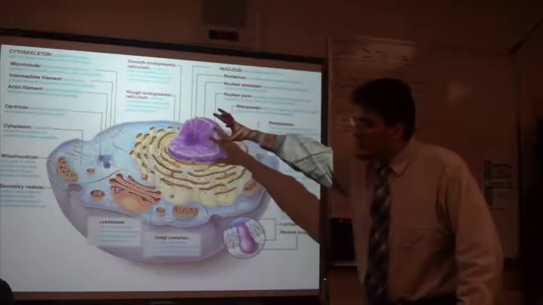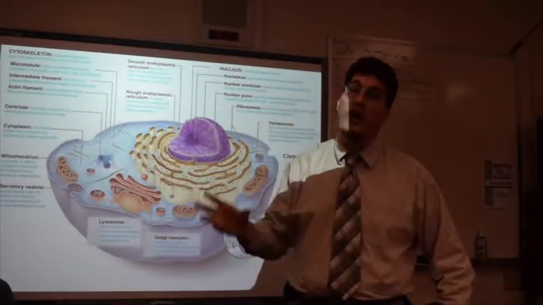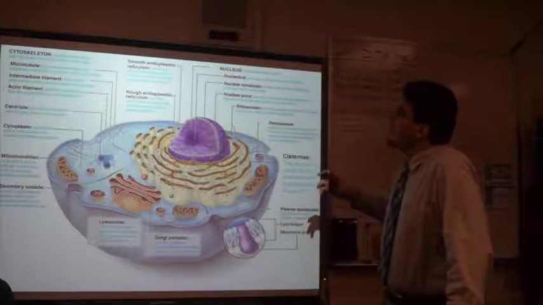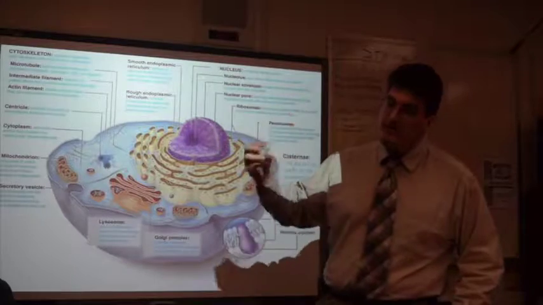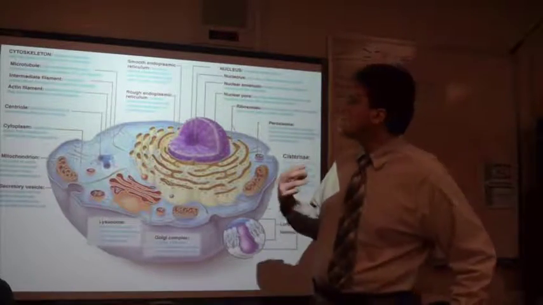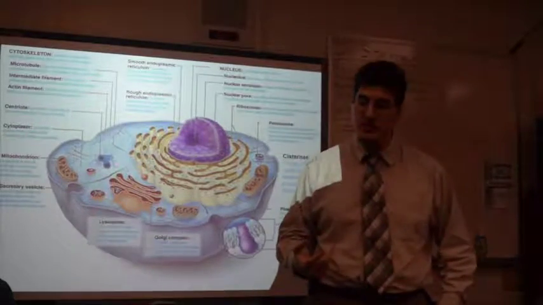The nucleolus, of which there can be more than one or none at all, is a specific site within the nucleus where ribosomes are made. It is a darkened spot. It is the site of ribosome production.